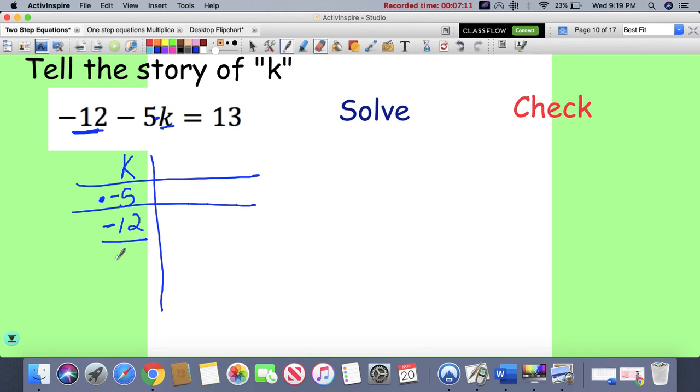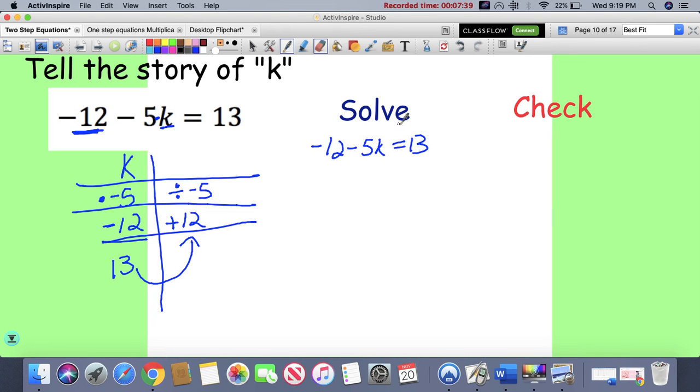And that's giving us 13. All right. So let's find out what operations we are going to do to undo what was done. We're going to add 12, and we're going to divide by negative 5. Okay. So negative 12 minus 5k equals 13.